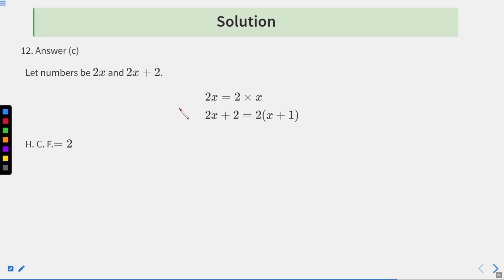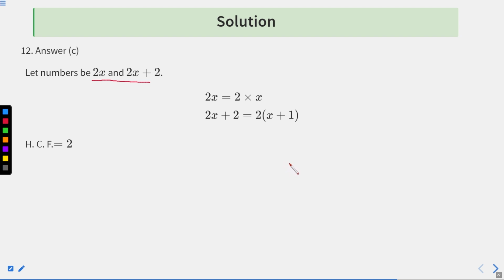We will solve systematically. Let the numbers be 2x and 2x plus 2. So 2x can be factorized as 2 times x, and 2x plus 2 can be factorized as 2 times x plus 1. The common factor in both numbers is 2, and the lowest power is 1.